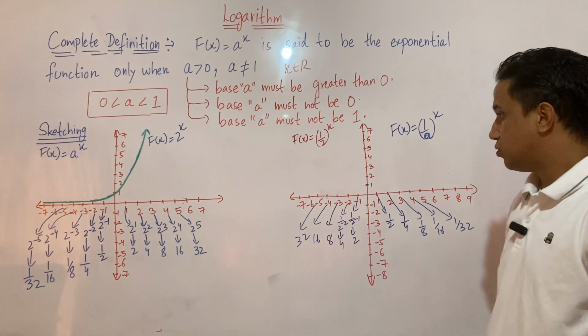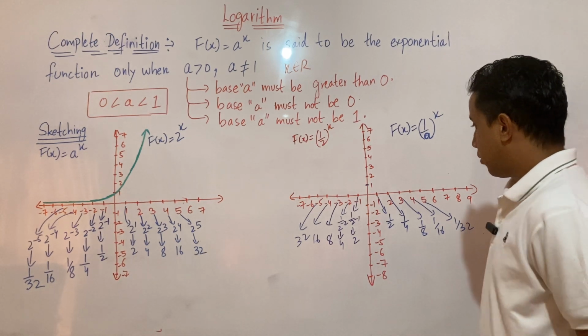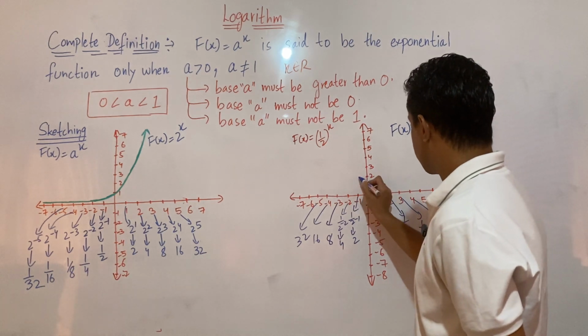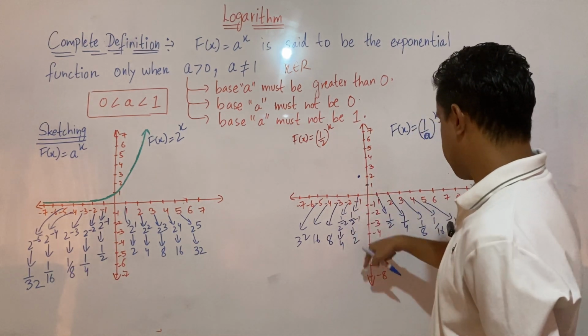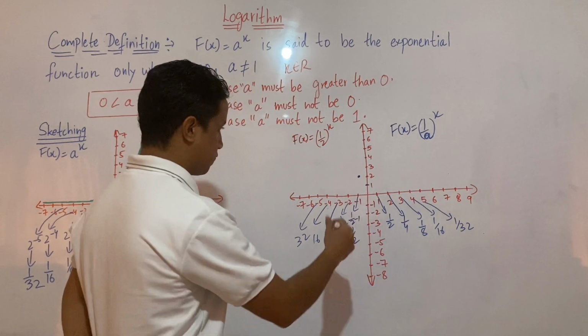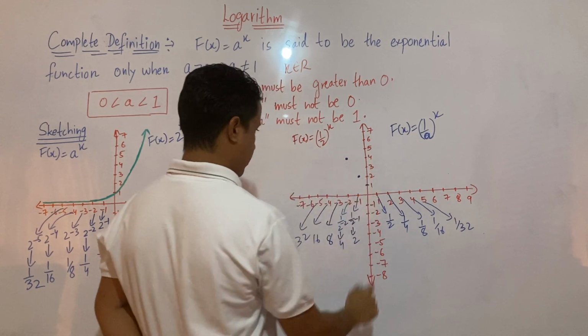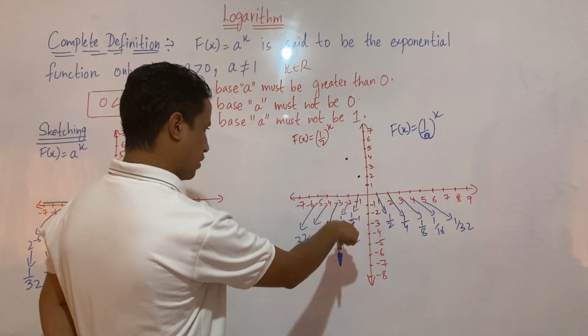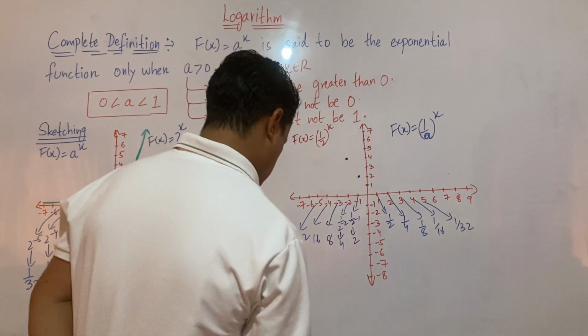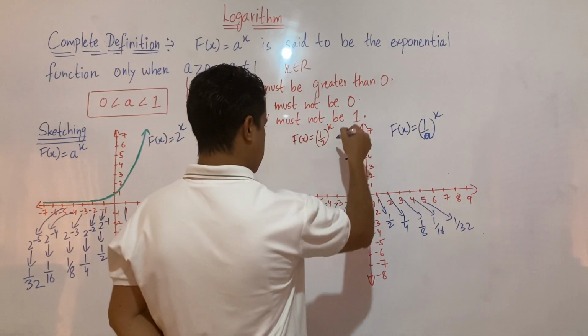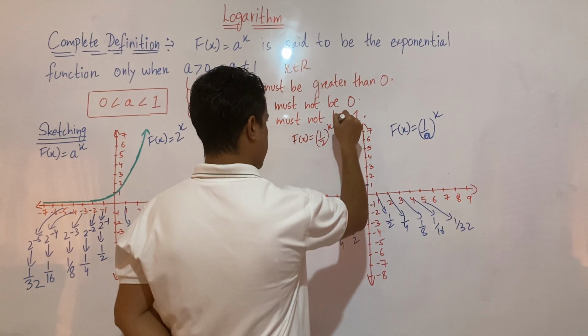Okay, so if you plot minus 1, 2; minus 2, 4; and then minus 3, 8, somewhere here.